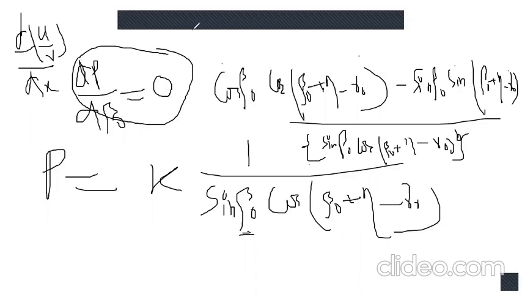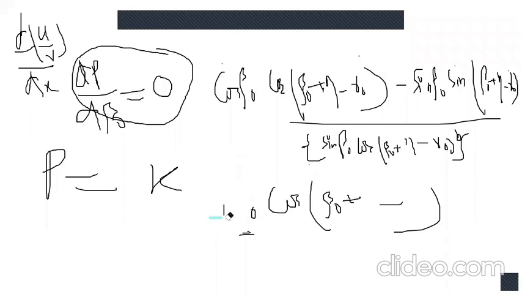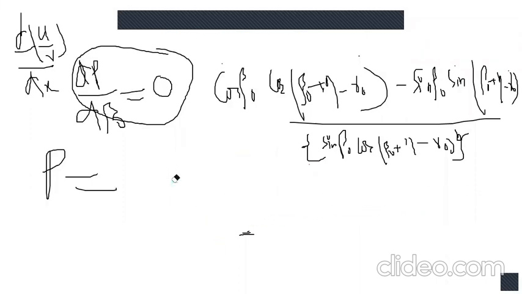Okay. K is constant, because the right hand side is equal to 0, so K is also 0. So this part is 0.